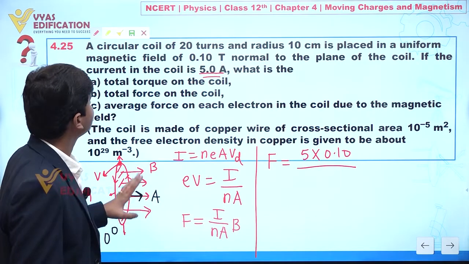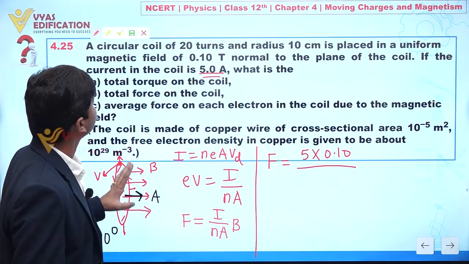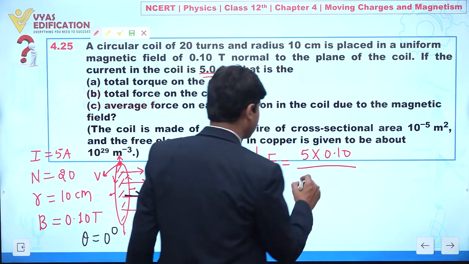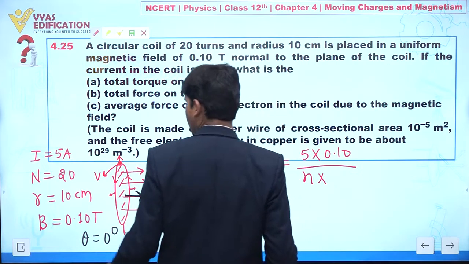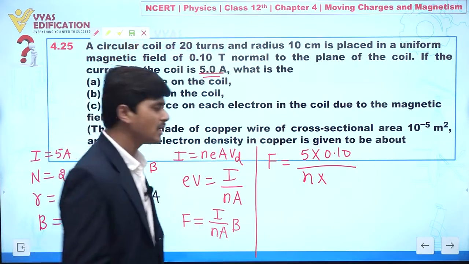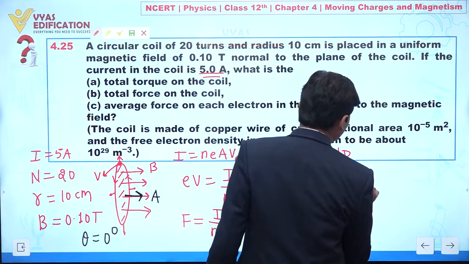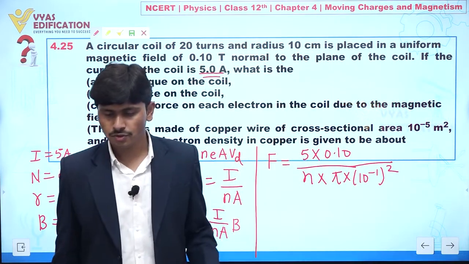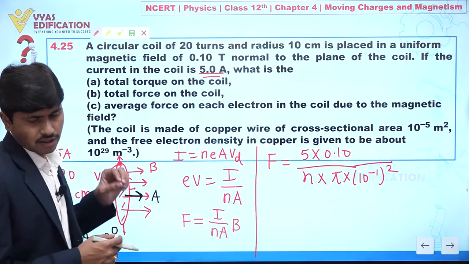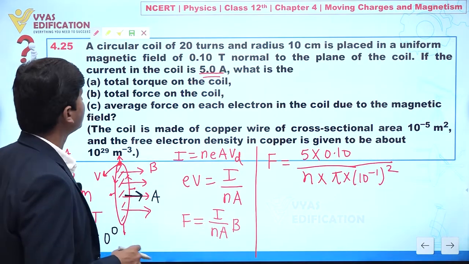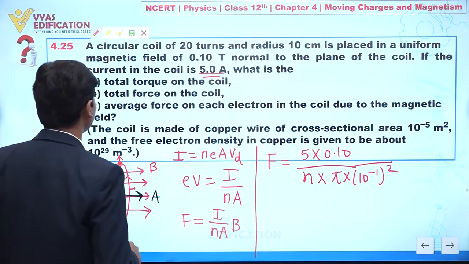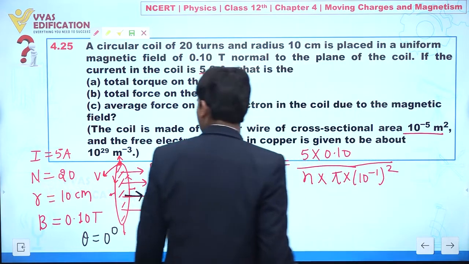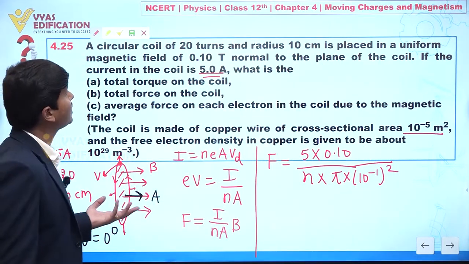The area is given, the radius is 10 centimeter, so we can say pi into 10 to the power minus 1 whole square. One more thing is given: the coil is made of copper wire with a cross-section area, which is already given to you.